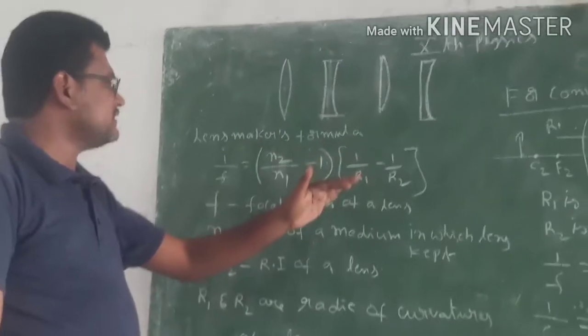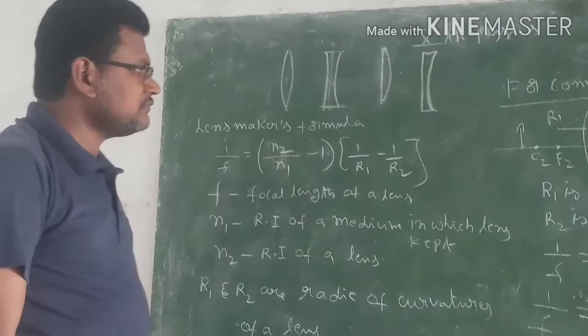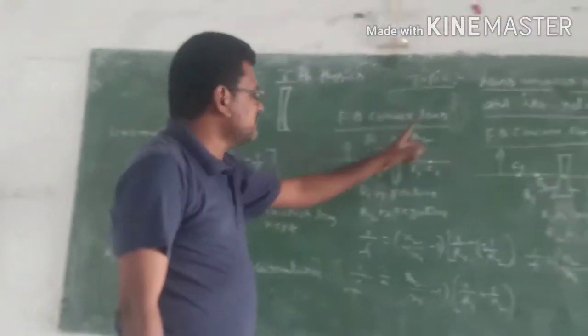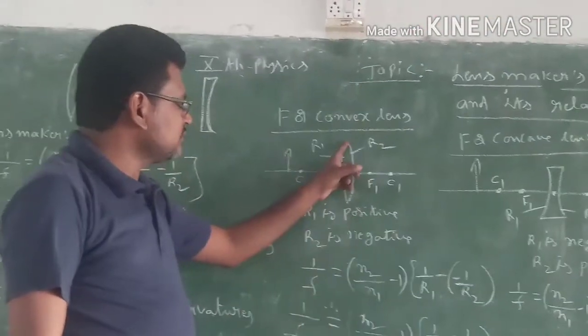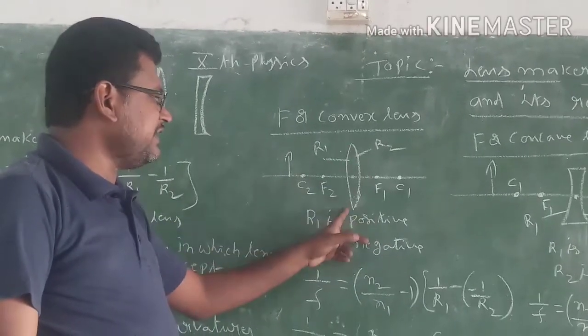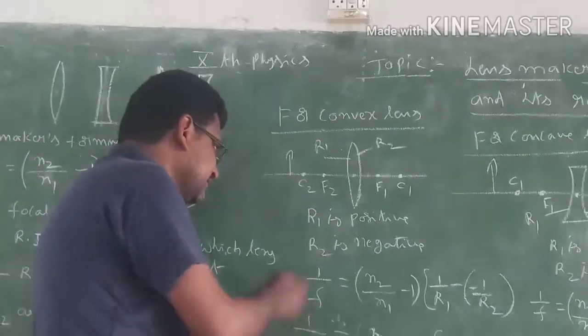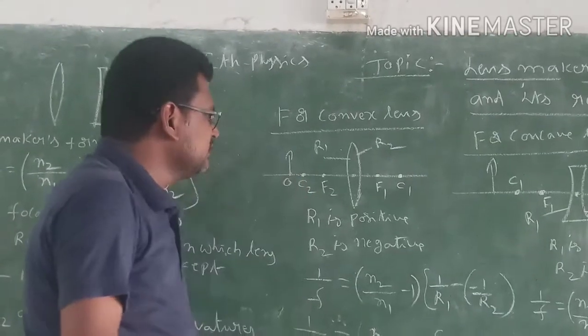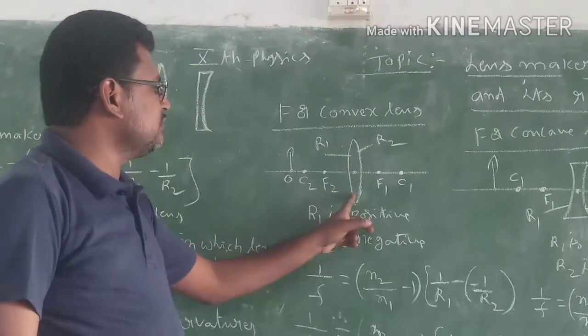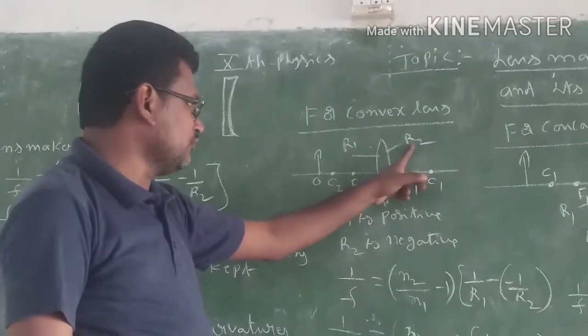So for a convex lens, how does it change? See, for a convex lens, the surface on which side we take the object is taken as surface 1 and the other surface is surface 2.